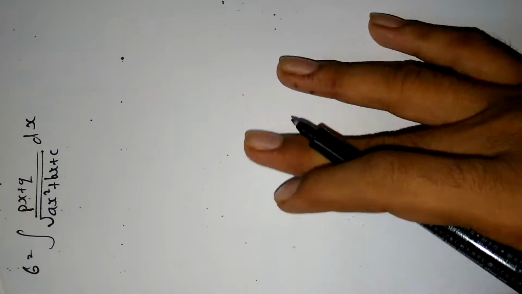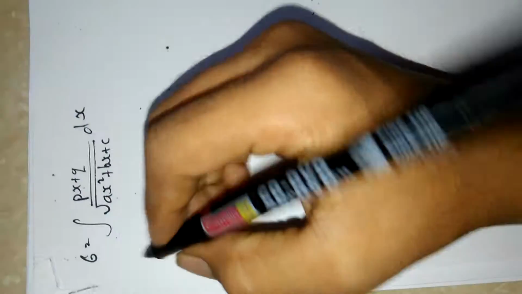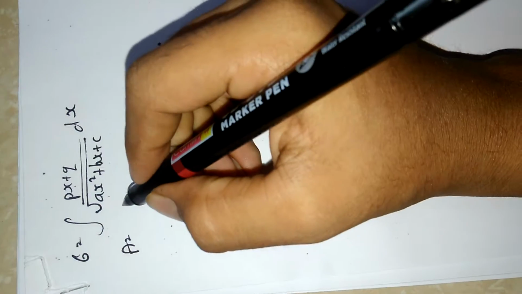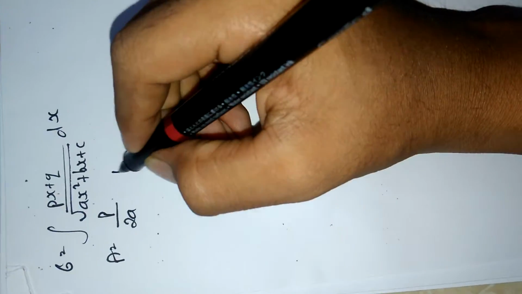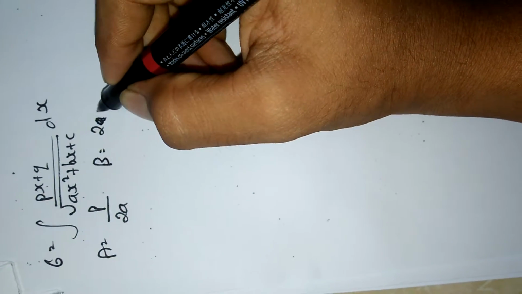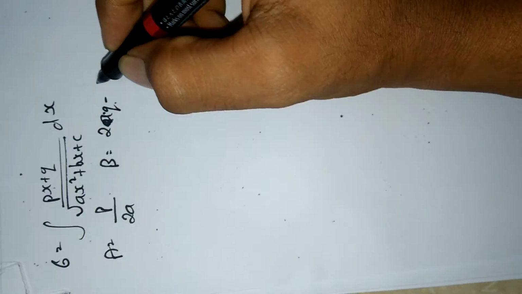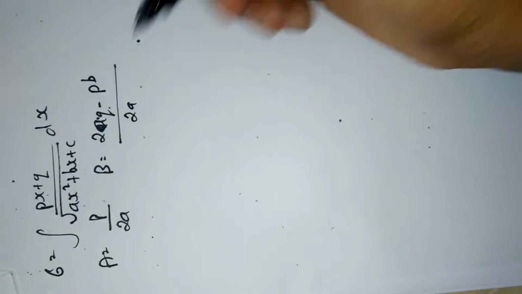I am writing here, please note down. It is similar to the fifth shortcut. So firstly we have to find the value of a, similar to shortcut number 5: 2 into a into q minus p into b upon 2 into a.